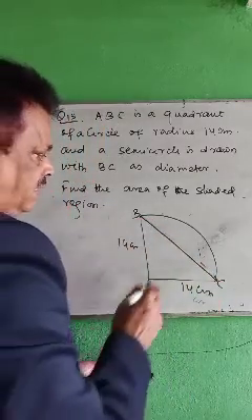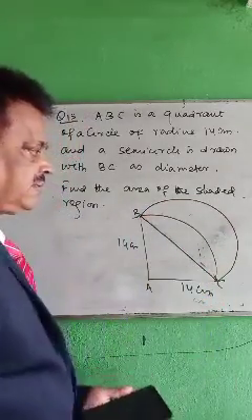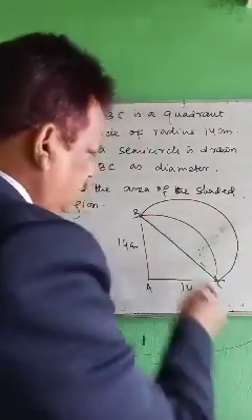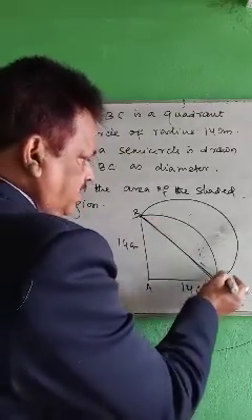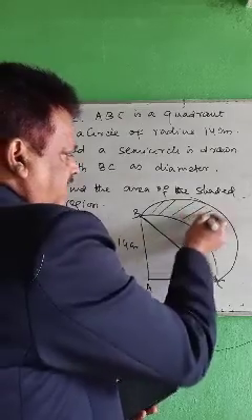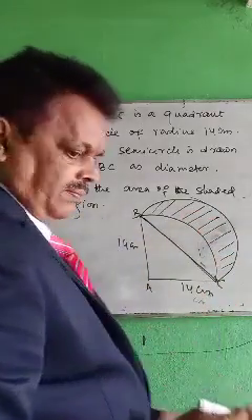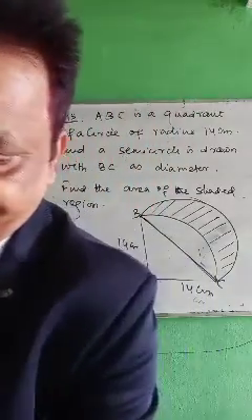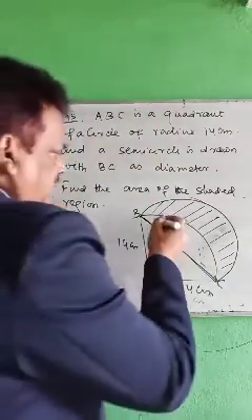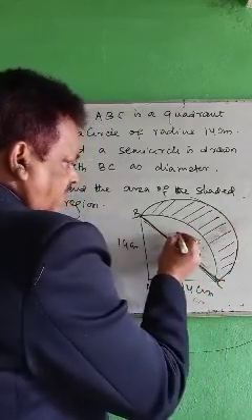BC is the diameter, and you have another semicircle. So this is a semicircle. Now what you have to do is find the area of the shaded part. See it carefully. When I consider this semicircle, this part is coming.